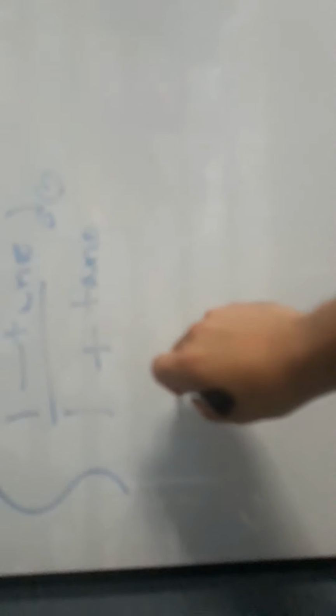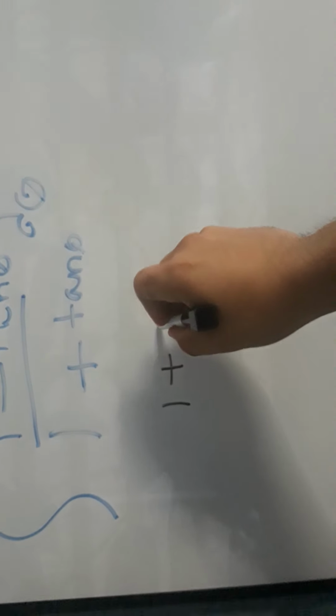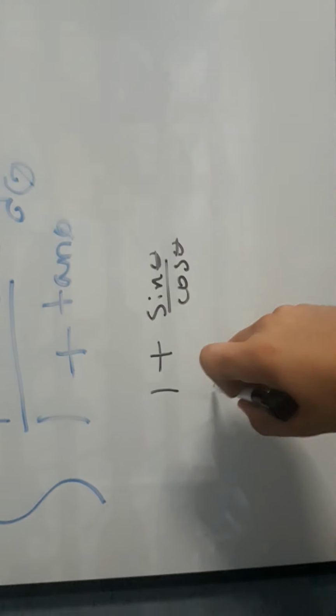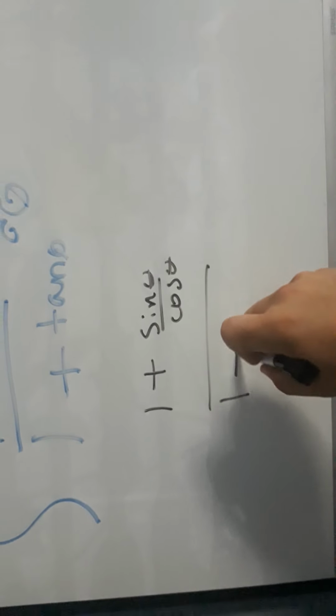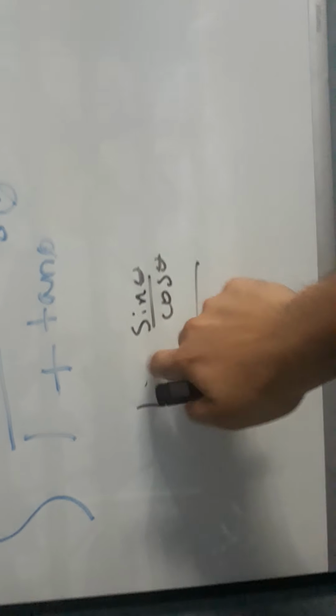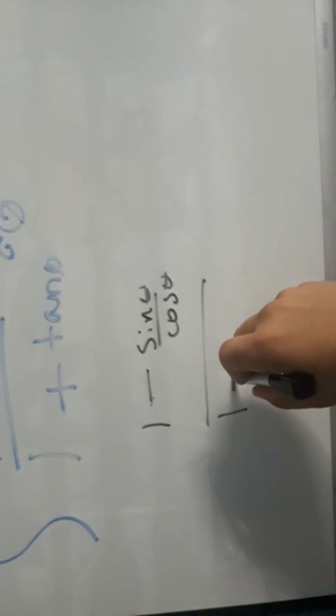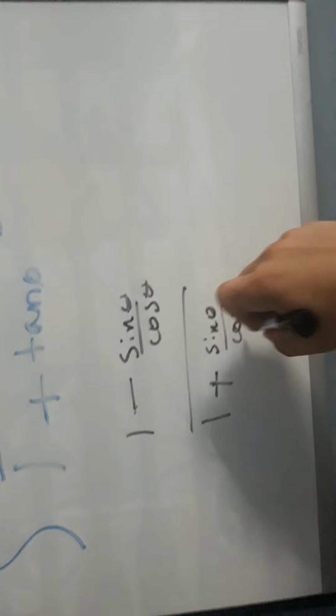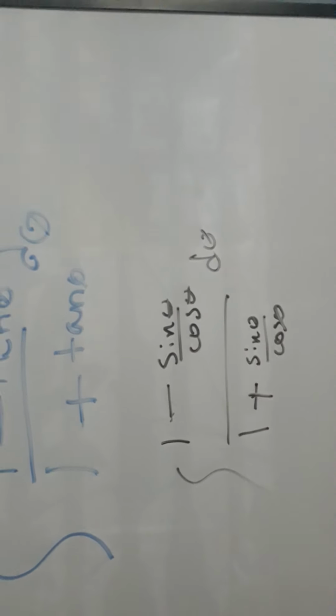So it'll be 1 plus sine theta all over cosine theta all over 1 minus, and then this is plus sine theta all over cosine theta d theta, the sign there.